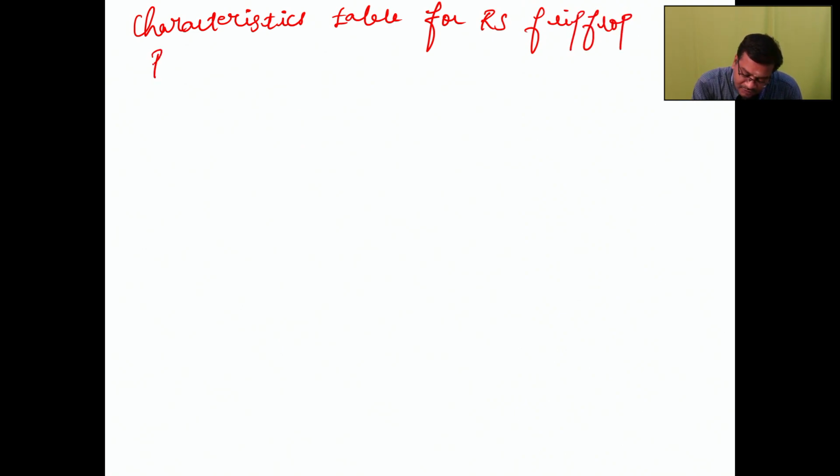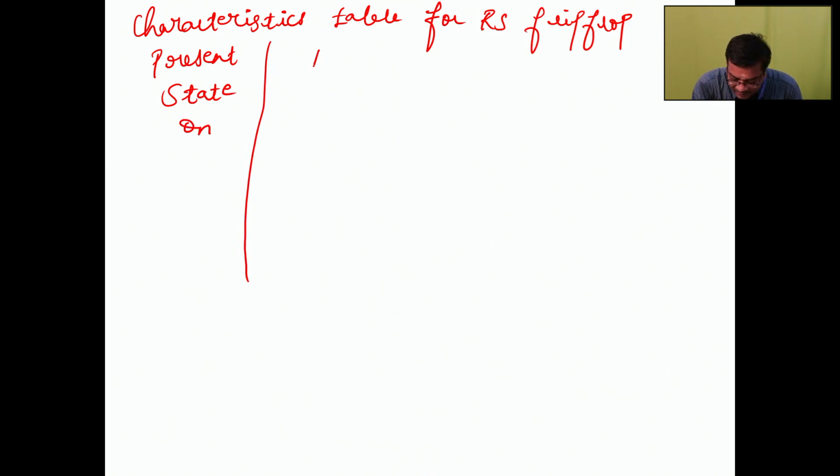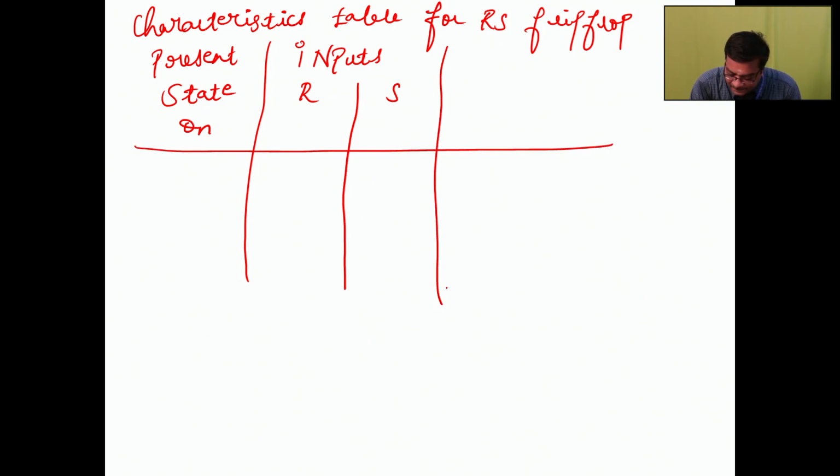In the characteristics table we are going to consider the present state Qn, the inputs S and R, and the next output, that is nothing but the next state, Qn plus 1.